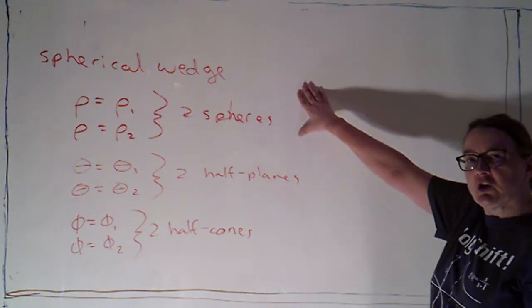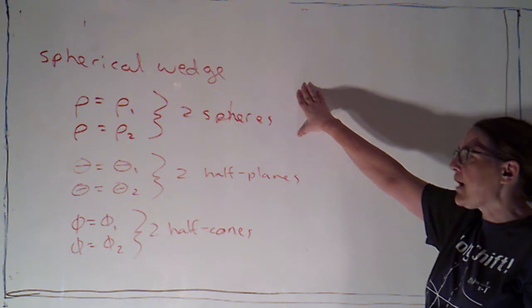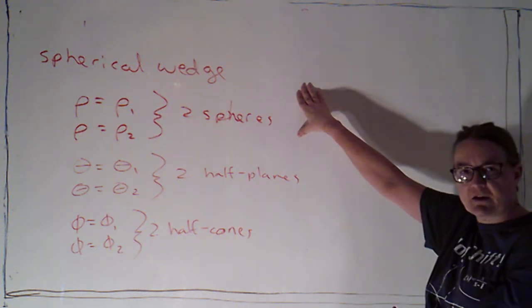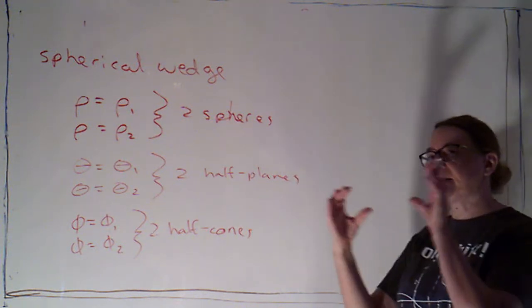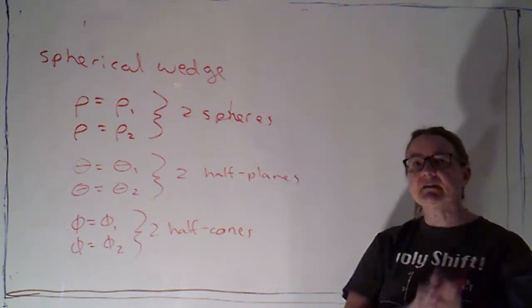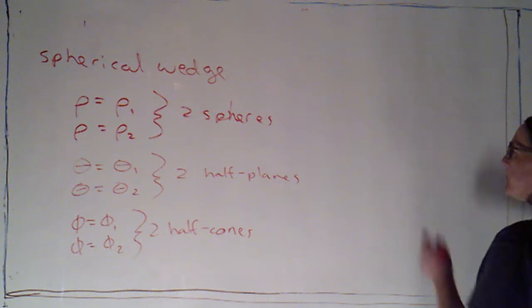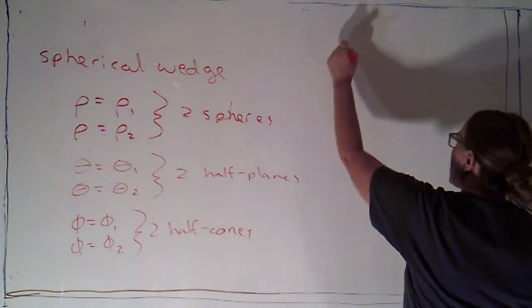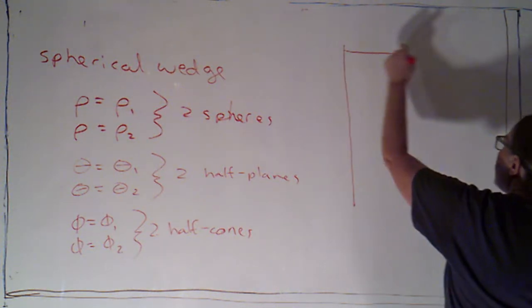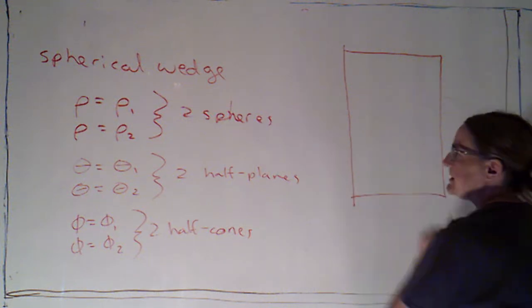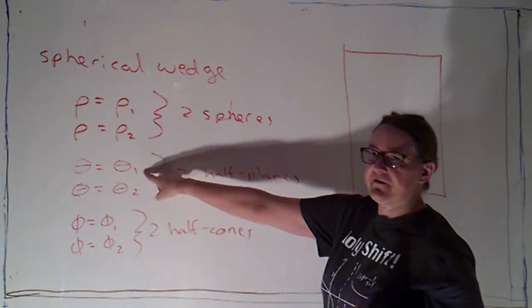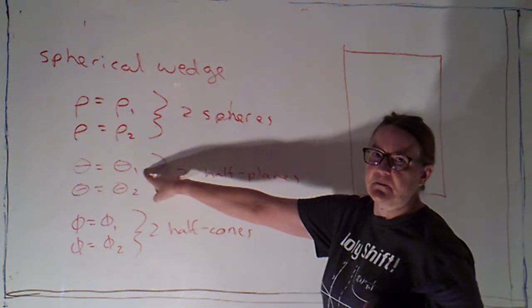So what we need to do is see if we can't figure out what the volume of a spherical wedge is, because that's going to be the delta V that when we take the limit becomes the dV. So what I'm going to do is draw a picture of the cross section that I would see in one of these theta half planes.